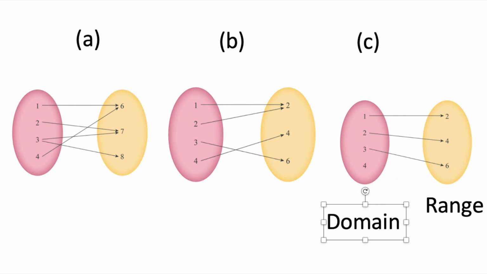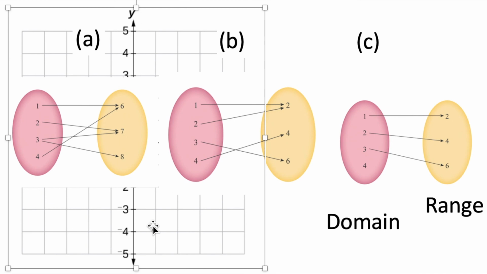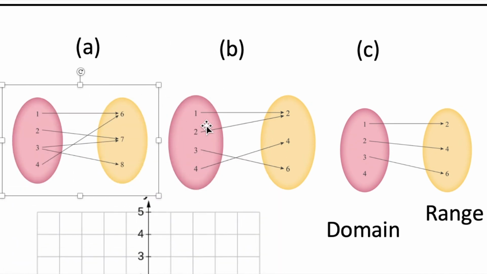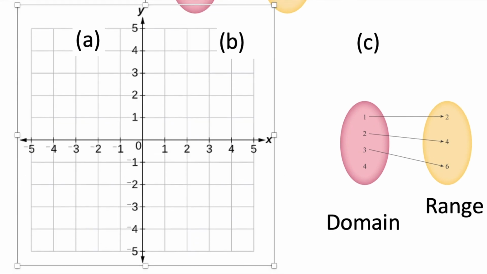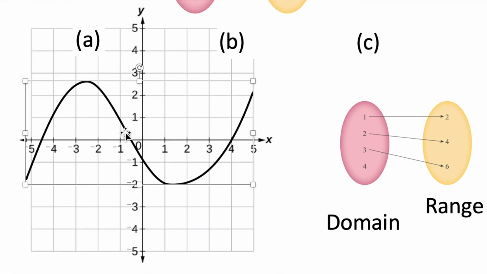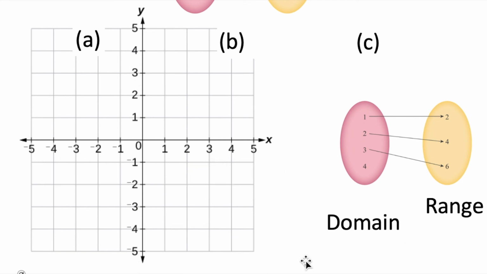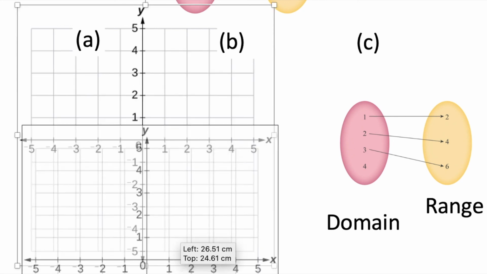So if you had a curve, let's say like this, your 4 right here would be like a random point, and a single point doesn't make a function because it doesn't correspond to anything. So therefore, this last one, C, is not a function.